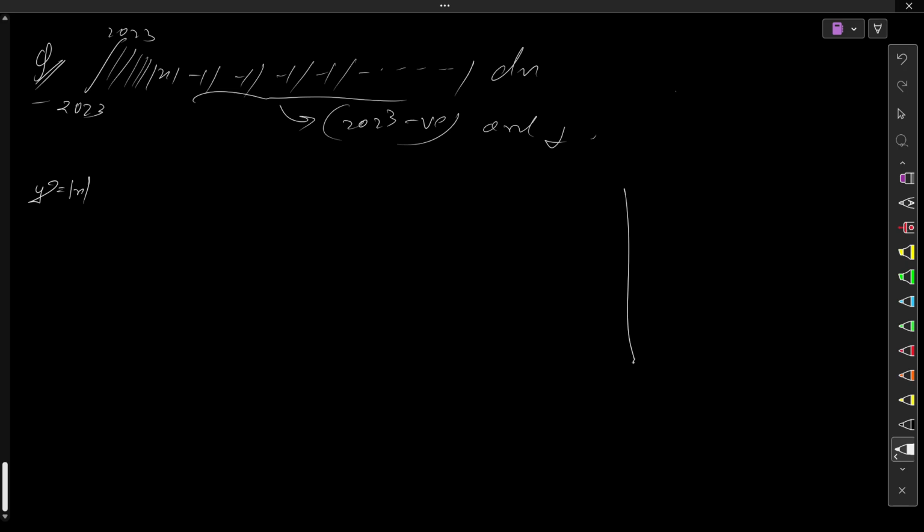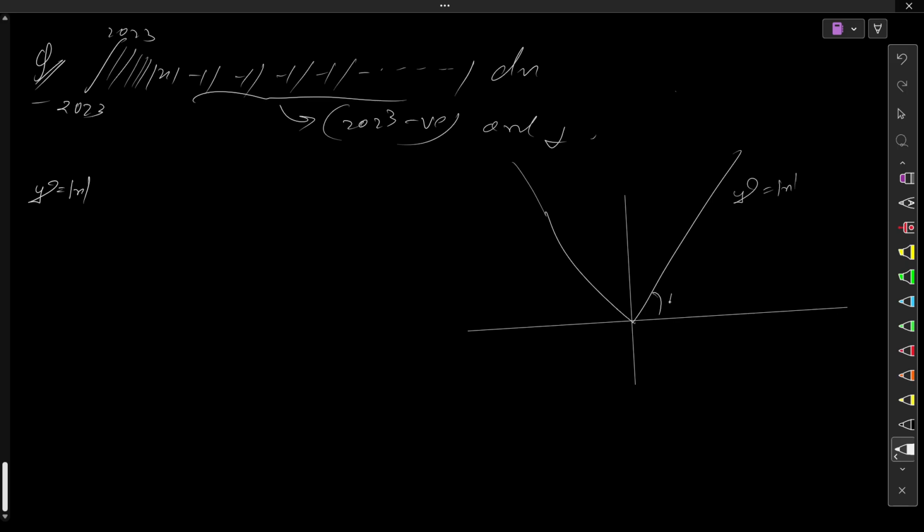When I plot the graph of y is equal to mod x, the graph is like this, symmetric, and notice that this is 45 degrees, or pi by 4.